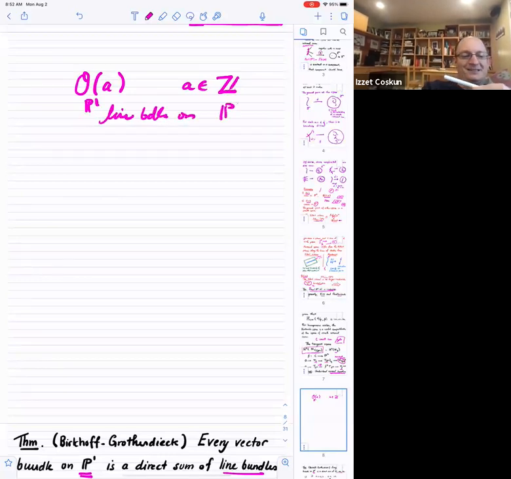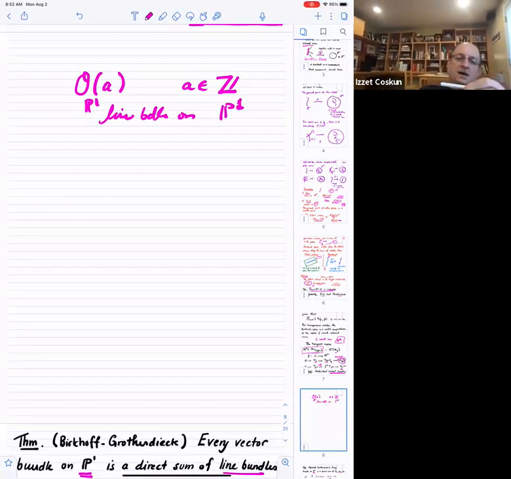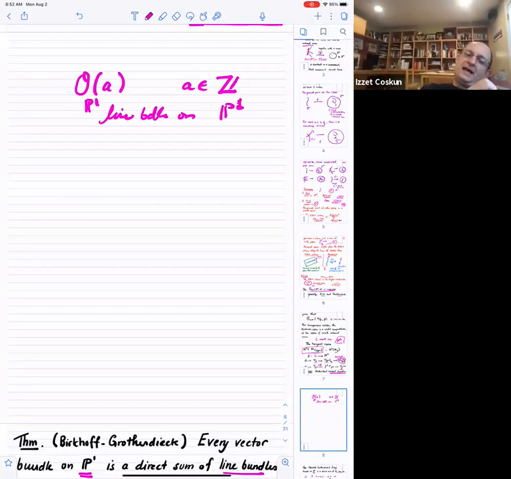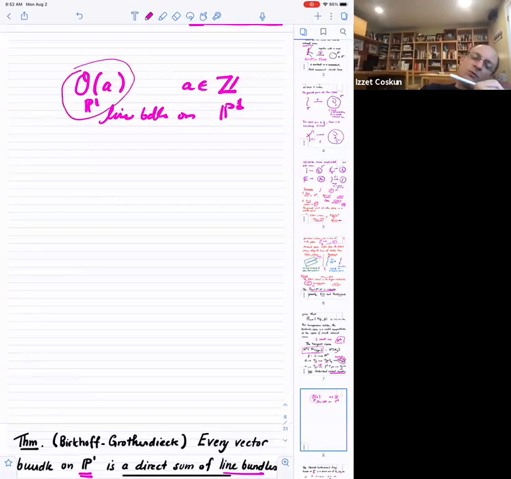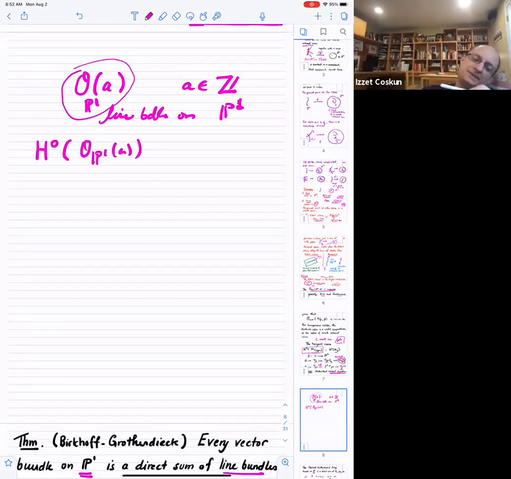P1 is, by the way, topologically a sphere, the two-sphere, right? Every line bundle on P1 is of this form O_P1(A), where the sections of this line bundle are precisely homogeneous polynomials of degree A.